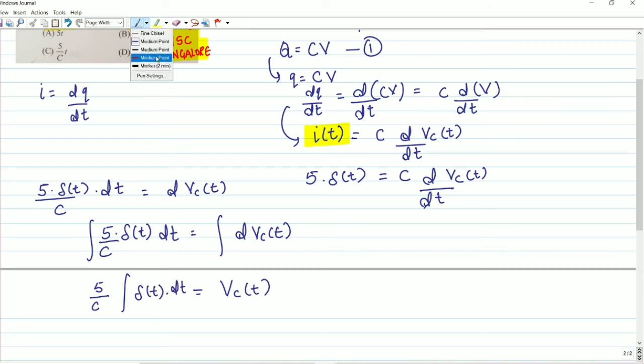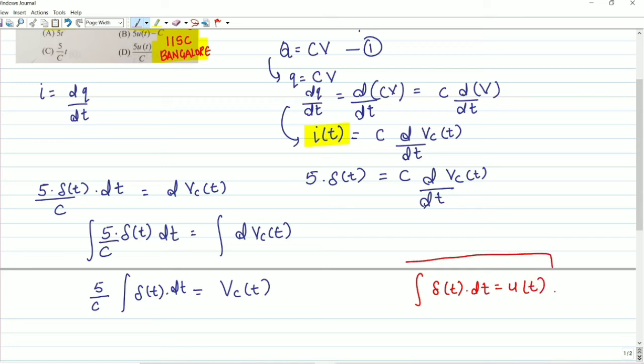Here all of you have to recall the integration of the impulse function with respect to dt. All of you know it will be equal to the unit step function. I think all of you have studied this in basic signal and system. This is the relationship between the impulse and the unit step signal. We can write phi by C, in place of the integration of delta(t) dt, I can write u(t), equals V, the voltage across the capacitor.